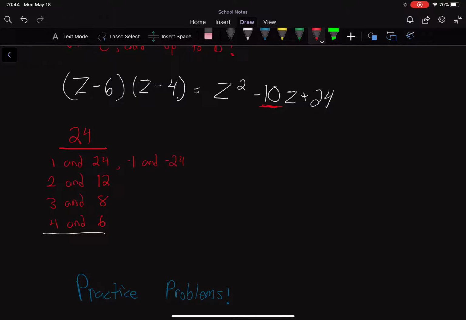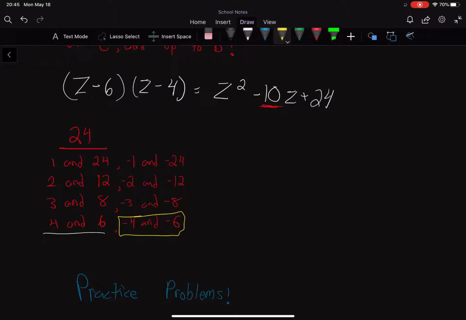And we're going to work our way down: negative 2 and negative 12, negative 3 and negative 8, and lastly, negative 4 and negative 6. In this case, our winner is negative 4 and negative 6, which we have in our set of parentheses. When we double distribute, you would see that it is these two numbers.